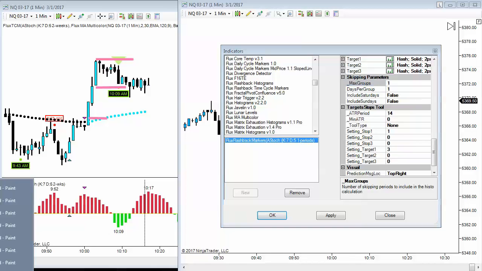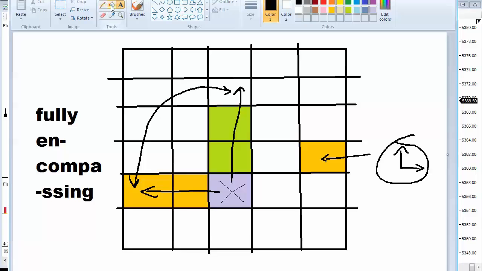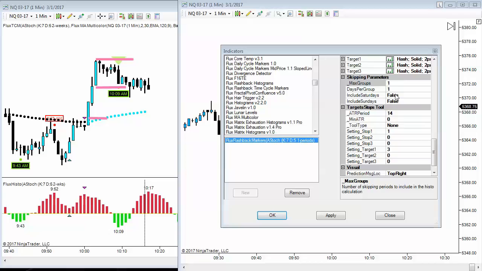So on our calendar, I would be asking the computer to look at this day. Go back and look at Tuesday and project all of the important pivot times from Tuesday onto my leading indicator chart for NinjaTrader. So when I have 1 and 1 here, that's what I'm asking it to do. Does that make sense? Go back one day at a time, one time.